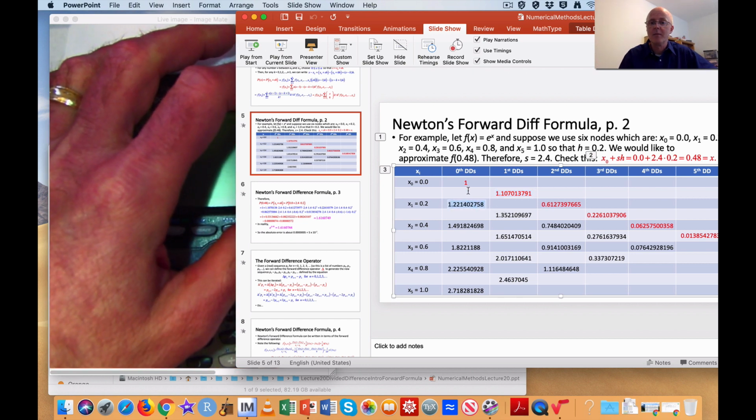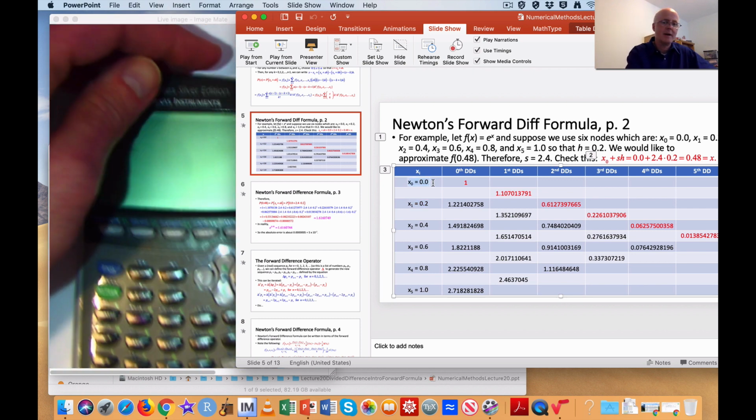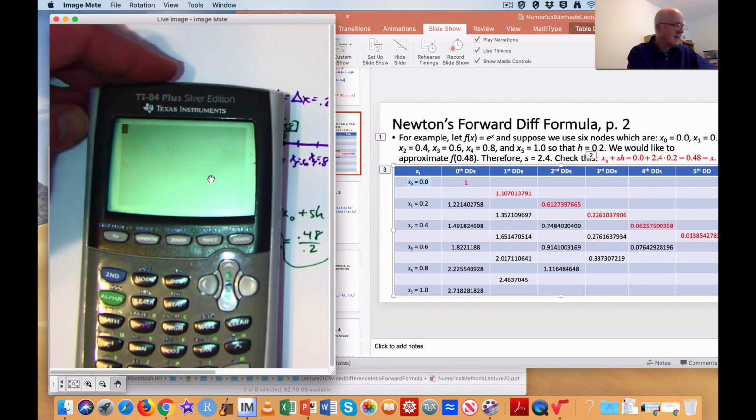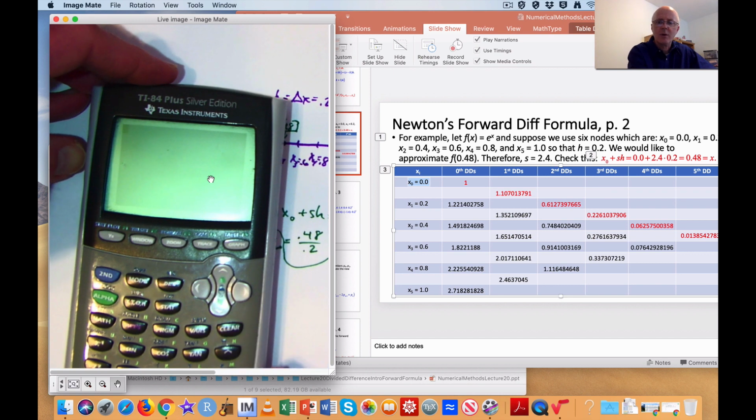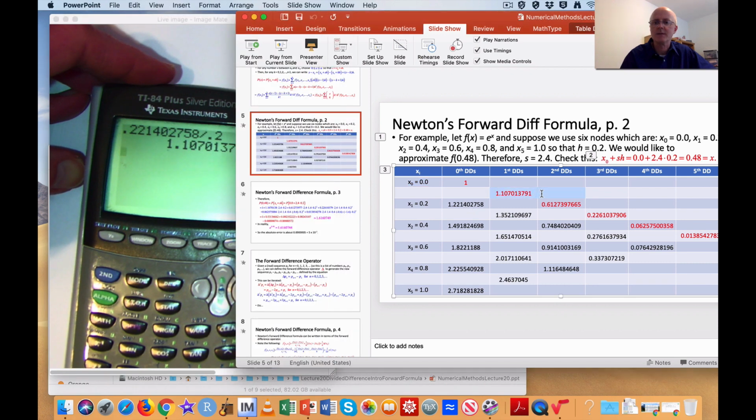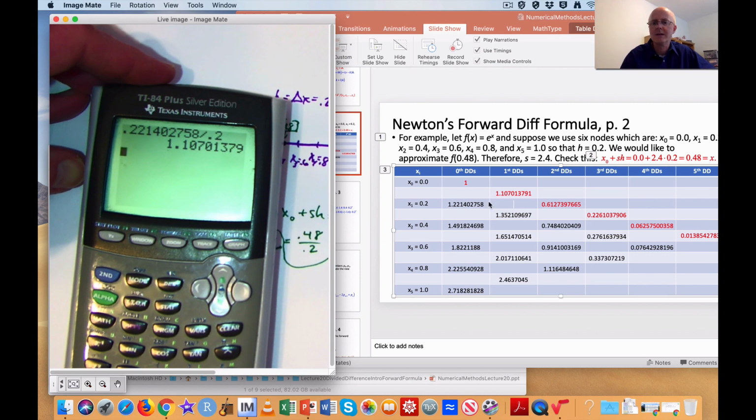This number minus this number, all divided by this number minus this number. Okay, well, that's pretty easy to do. The top is going to be 1.2214 minus 1, which will be 0.2214. I'll add more decimal places in there. 0.02758 divided by 0.2 minus 0 is divided by 0.2. 1.1070139. That's what this number is, right there, with one more decimal place of accuracy.